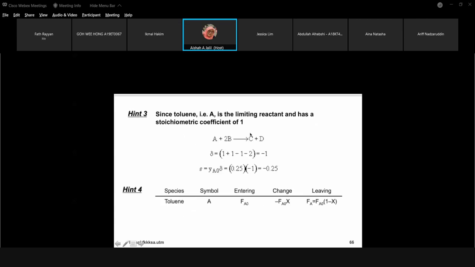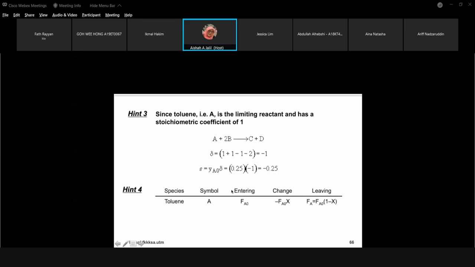Okay, since toluene is the limiting reactant, you can get the equation like this. So you can get the delta equal -1, then theta equal YNO over YA0 times delta.